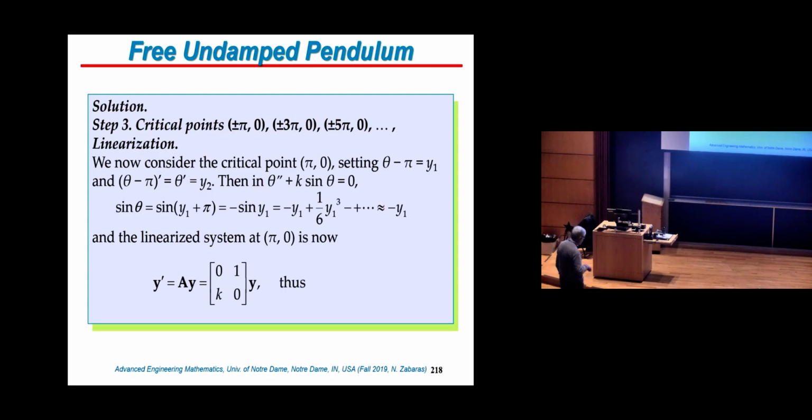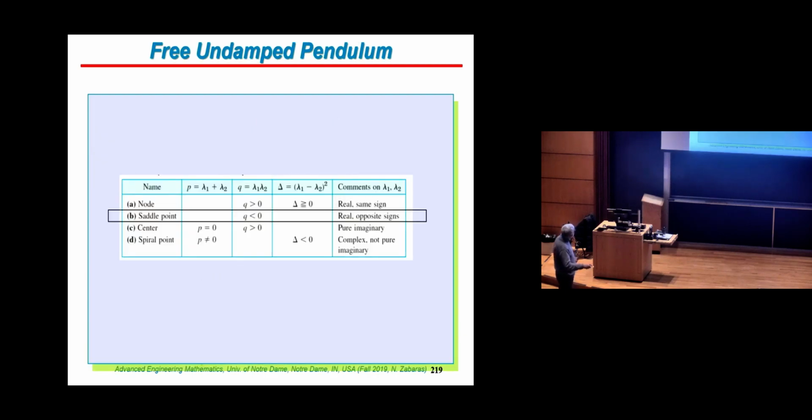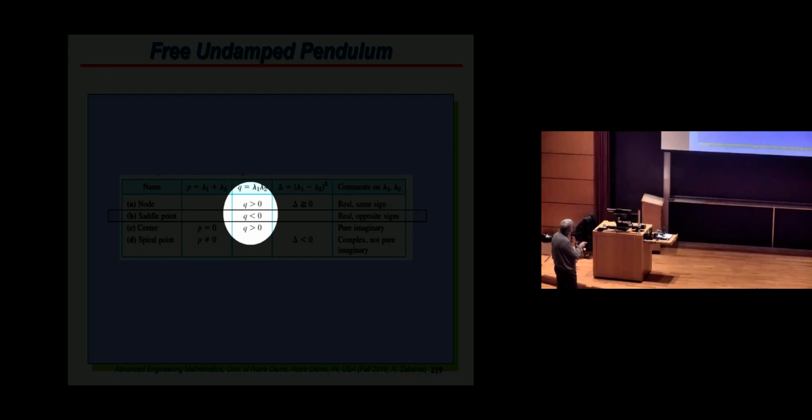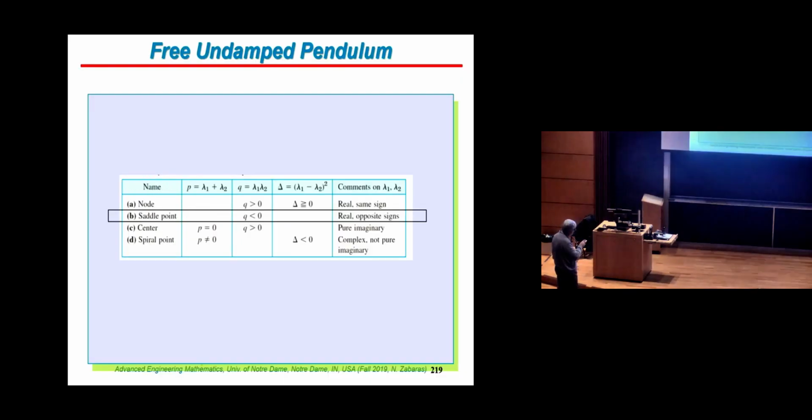So where is that leading me? Saddle point. Let's see what is going on here. So you can see if Q is negative, you get a saddle point.